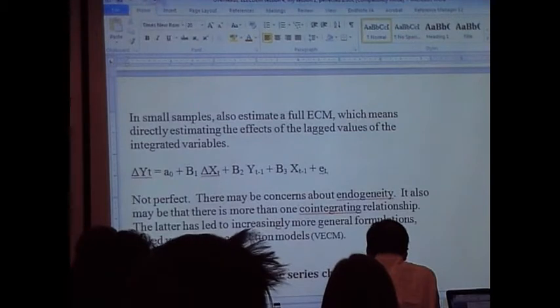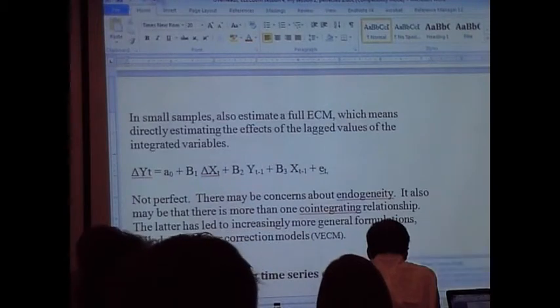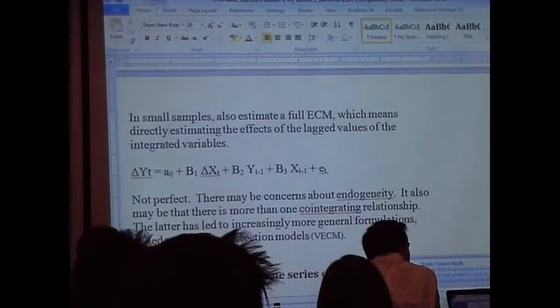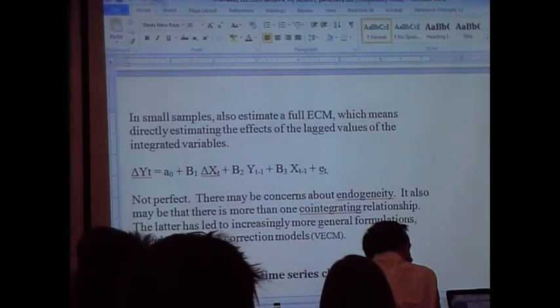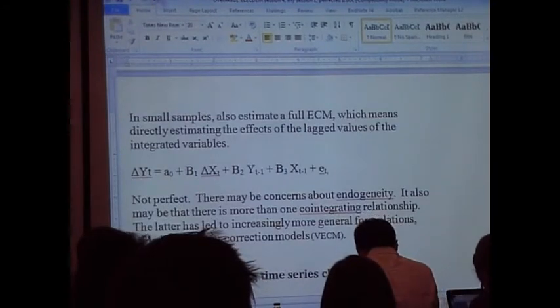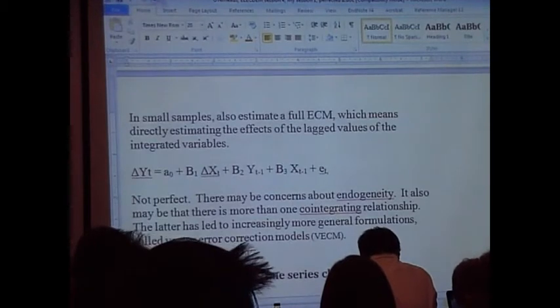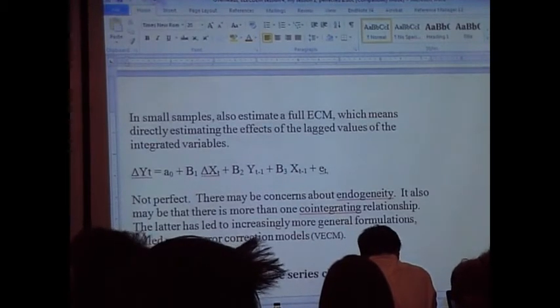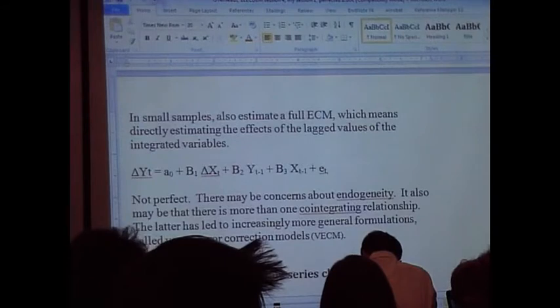One of the things that some people like about the error correction model is that whatever the error is, it's corrected at a particular rate. What you're suggesting wouldn't show up as error correction, I think, right? It would complicate your estimation of error correction, so you probably need to first assess the dynamics of the variable. If it's not a straight up integrated process, then this is going to be a little bit messed up, right?